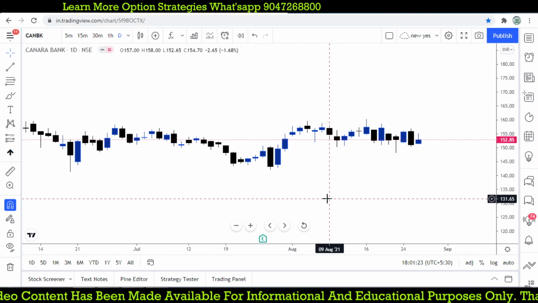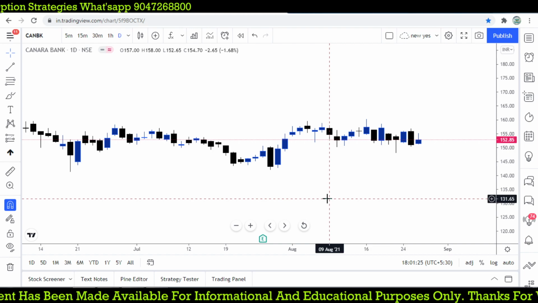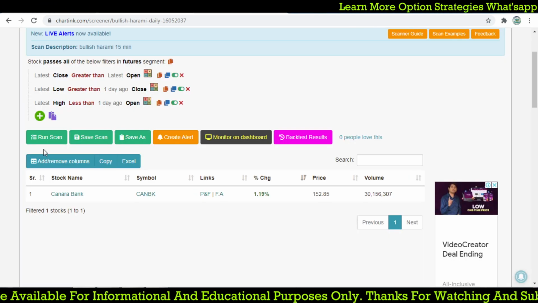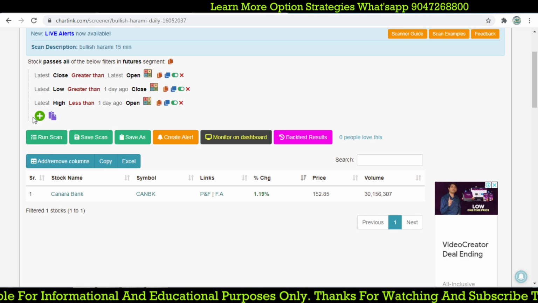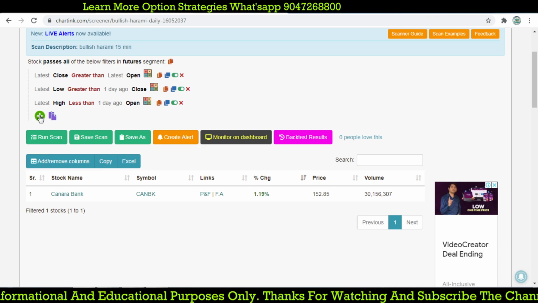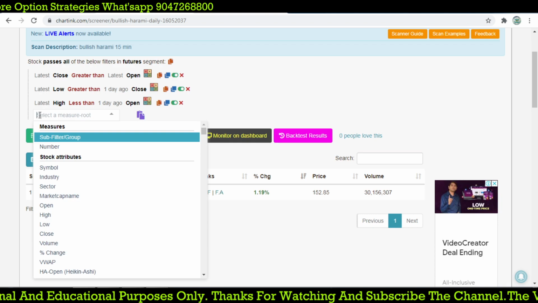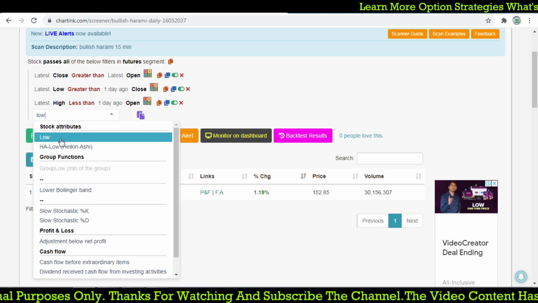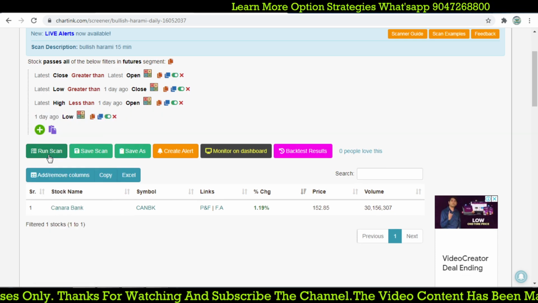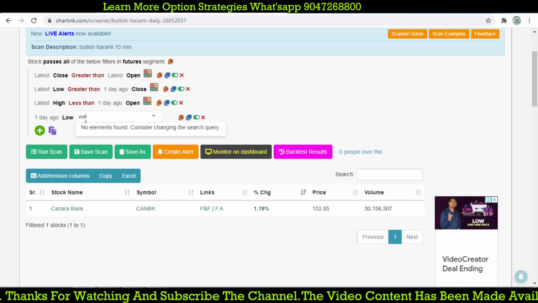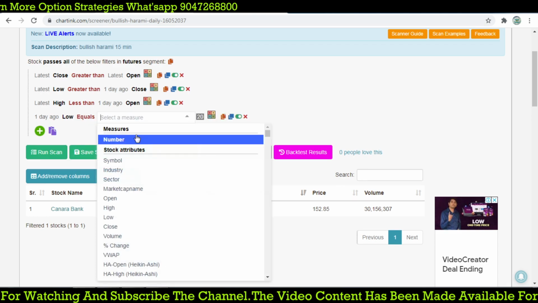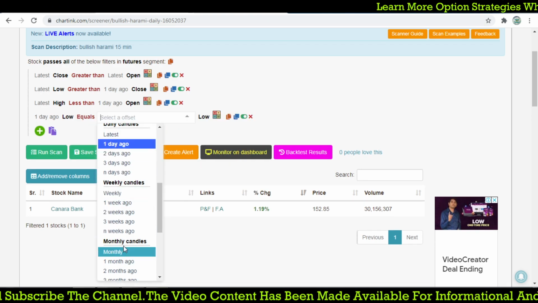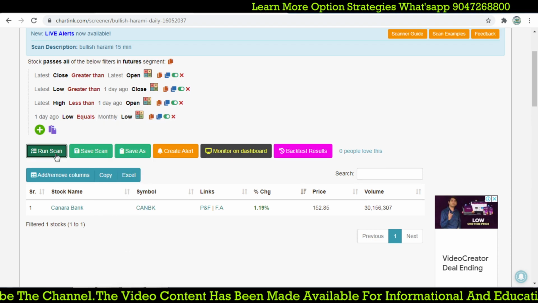To avoid that, we filter for a setup that forms at the day low or day high, or even a monthly high or monthly low. That is very important. So we will use the low of 1 day ago, because the previous candle should be at the very low, equal to the low of monthly. That will give you a lowest-level Harami candle.